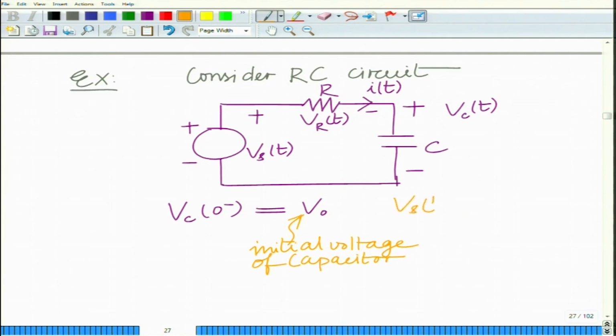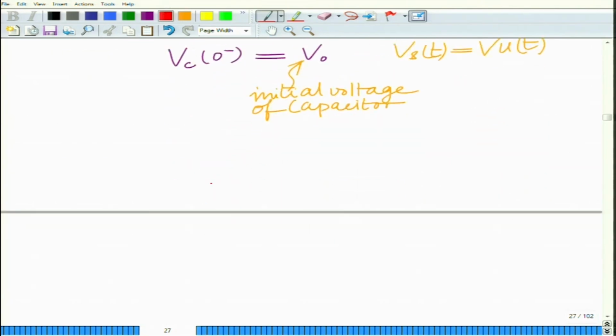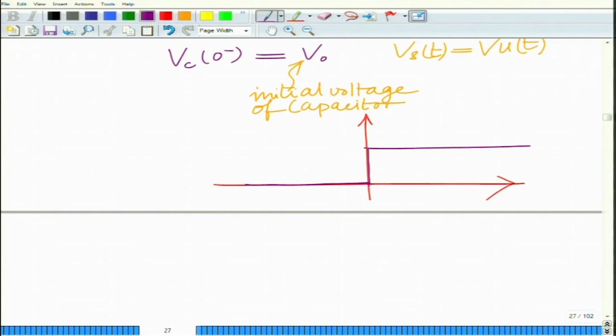Further, we are given that the source voltage equals V times u(t). So, we have a step change at t equal to 0, to V. So, this is basically your vS(t), the step function, which at time t equal to 0 becomes V.